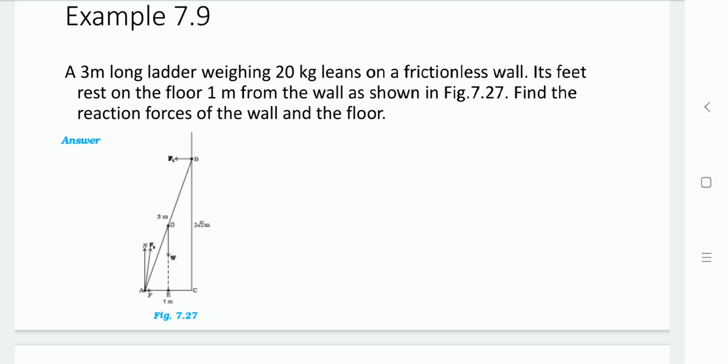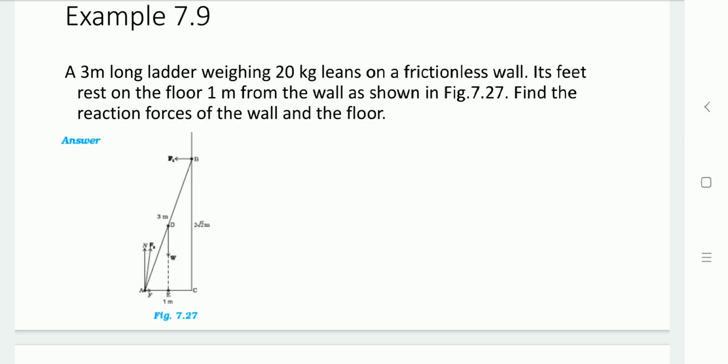For translational equilibrium, forces in the vertical direction: N minus W equals 0, and forces in the horizontal direction: F minus F1 equals 0.